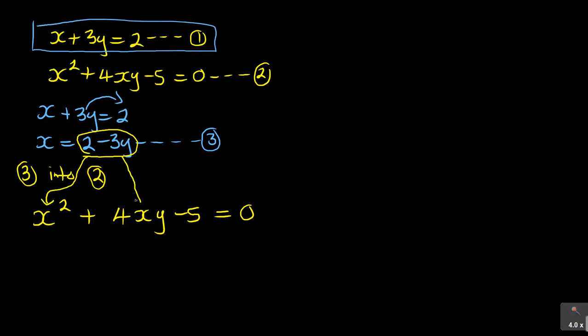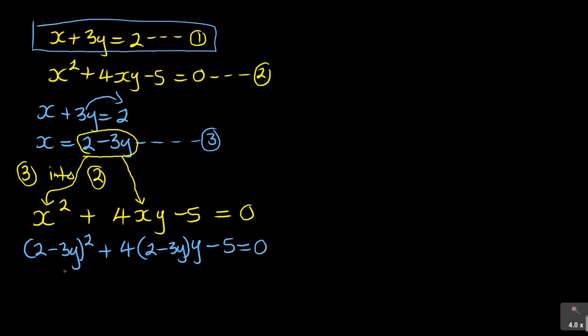So how do you do it? You have x squared, so it will be (2 minus 3y) squared plus 4, and (2 minus 3y), and there is the y, minus 5 is equal to 0.